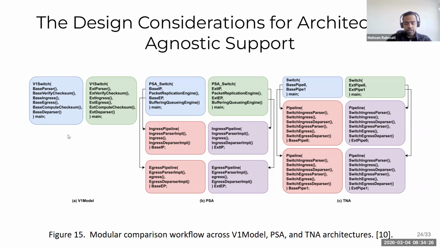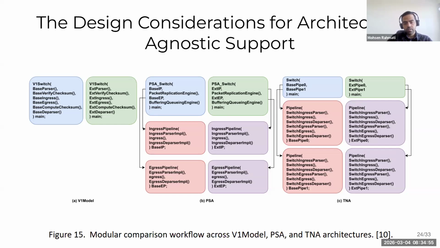So at first, we compare the two main V1 switches, and recursively go on and compare the base parser with the extension parser, and then verify checksum with another verify checksum, ingress with another ingress until the end. And we can do the same thing for other architectures.